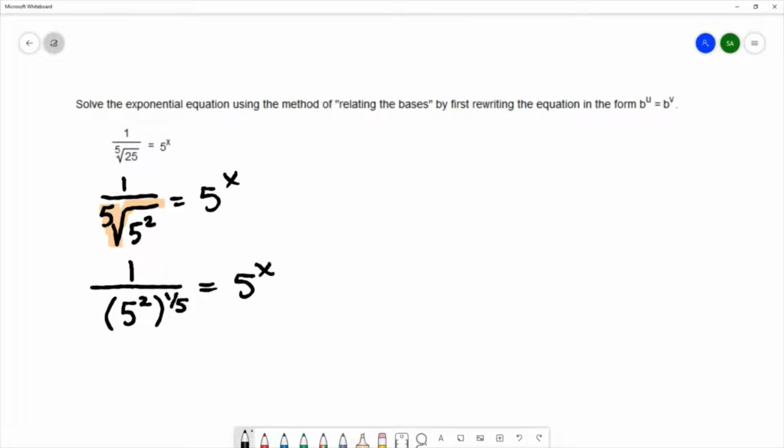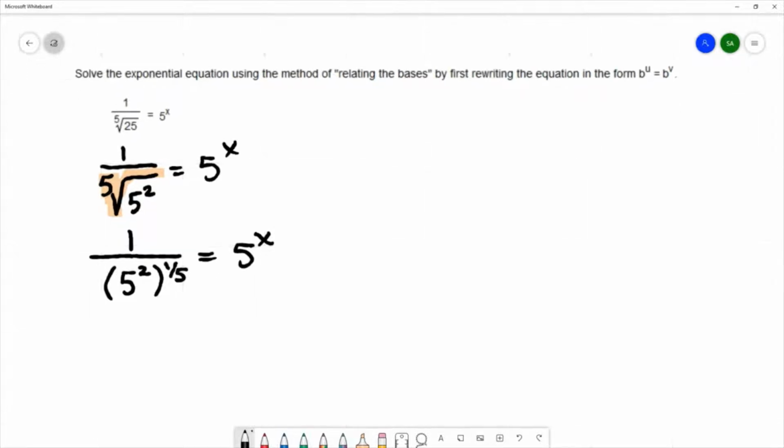I can simplify this using the power rule. The power rule for exponents allows me to multiply these powers together to get 1 over 5 to the 2/5 power.